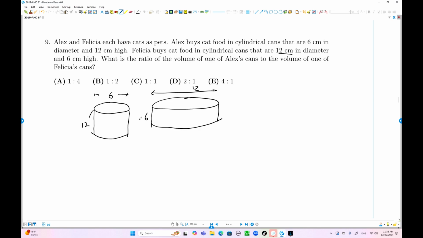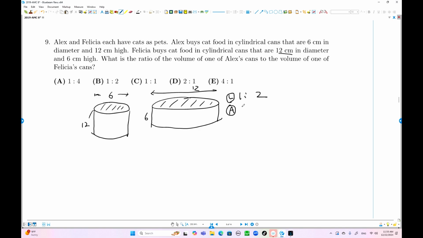What is the ratio of their volumes? Oh, you can use the similarity ratio, right? Because what is the ratio of this area? 6 to the corresponding side is 6 to 12 because the circles are similar, right? Also, 6 to 12 is 1 to 2. The ratio of the length is 1 to 2.